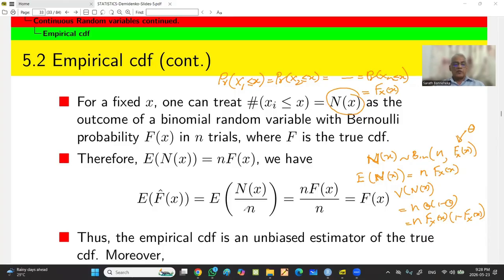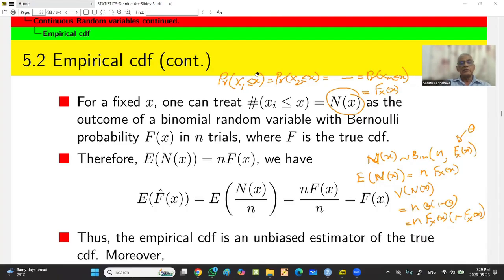Therefore, the expected value of F hat x is equal to the expected value of Nx over n, which is equal to n times F(x) over n, which is equal to F(x). Notice this is a very interesting result. The expected value of the empirical cumulative distribution function evaluated at x is equal to the theoretical CDF evaluated at x.